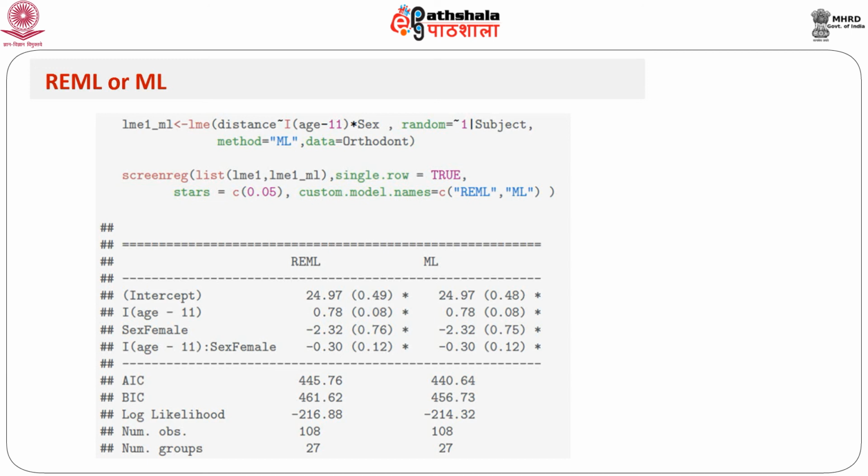And then I have used screenreg on the list lme1, lme1_ML. So these are the two methods, REML and ML. This produces exactly the same fixed effects, because the fixed effects do not vary much for REML or ML estimates.